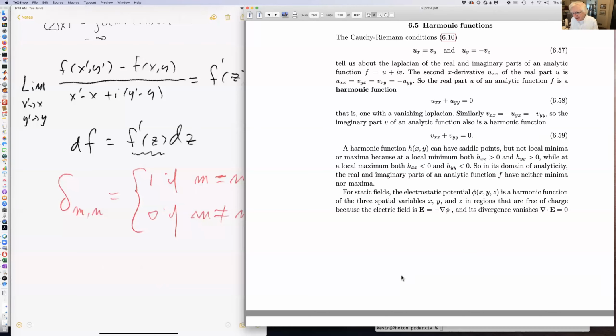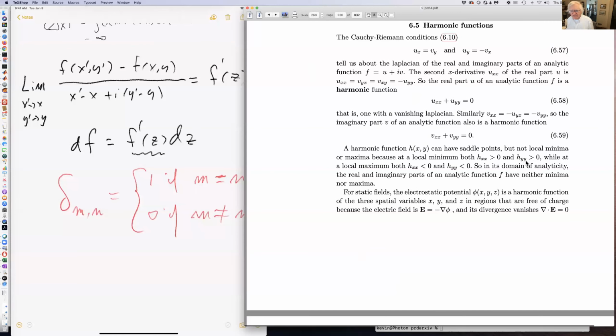And if you have a function of two variables, then if this is the y direction, the thing has got to also go like this, and so have a positive second derivative. But you can't have that if the function is harmonic, because h_xx plus h_yy vanishes, and so if one is positive, the other is negative.